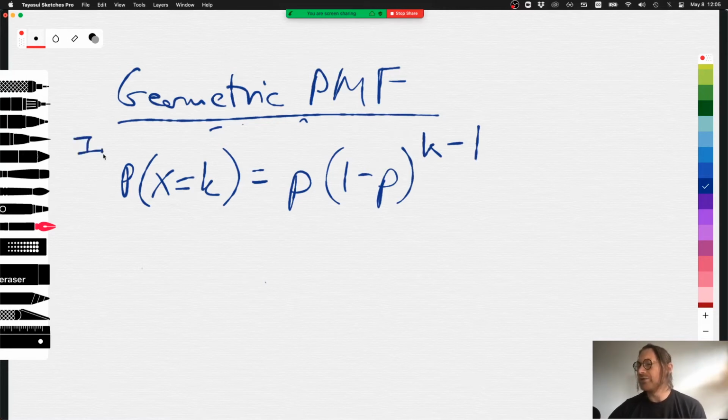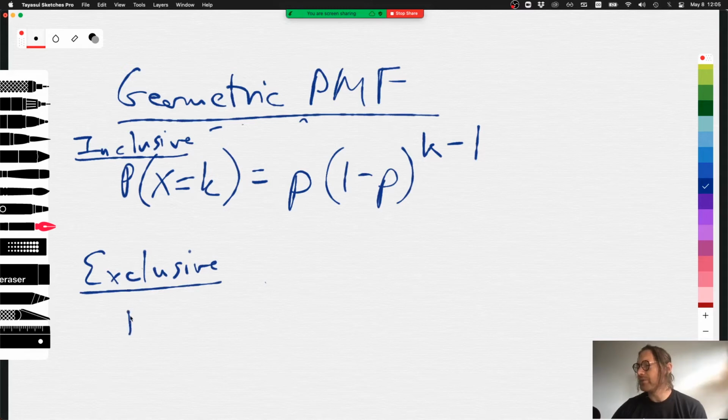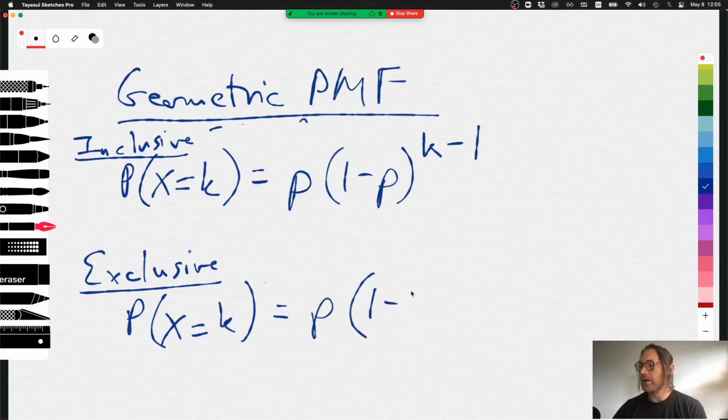This is an inclusive PMF. It's inclusive of the success. And then we have an exclusive PMF, which will be slightly different. So the probability X is k. This is just the probability multiplied by the complement of the probability raised to the k. All right? So either one of these will work to answer the same question, and that's the important thing to realize, but it does affect how you think about the question, okay?